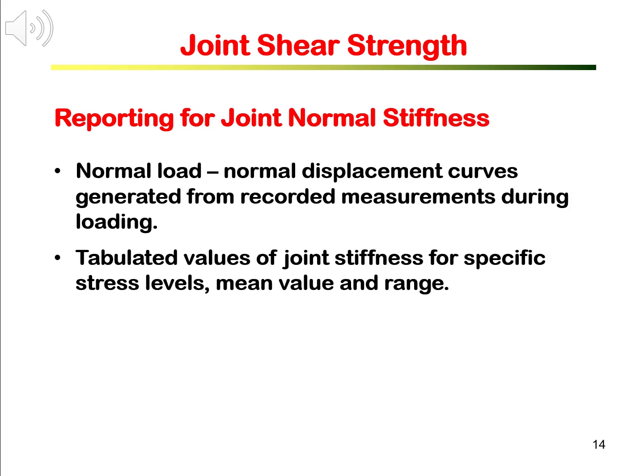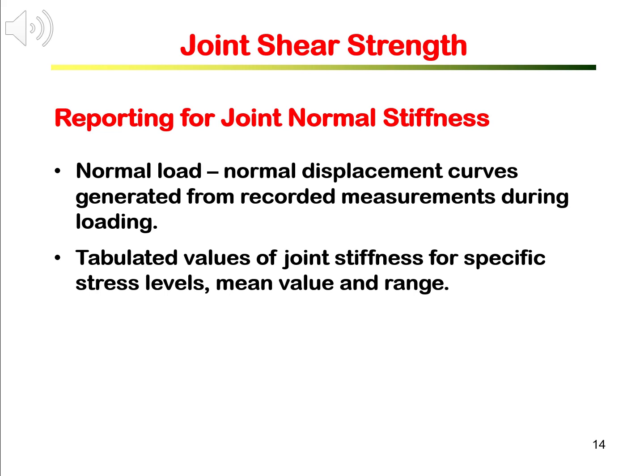We mentioned normal stiffness earlier in the test procedure. Sometimes normal stiffness determination is required, together with the joint shear strength determination. If normal stiffness is required to be reported, the report should also present the normal load, normal displacement data, and the curves generated from recorded measurements during normal loading.